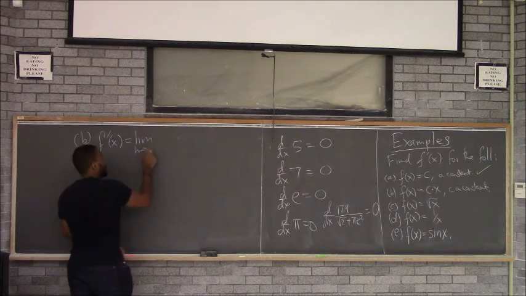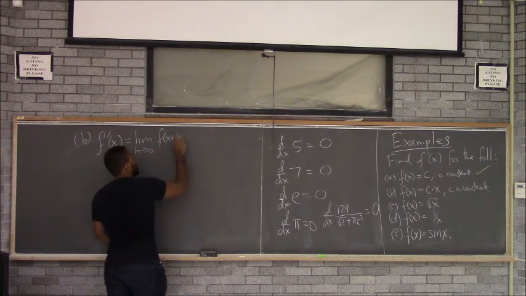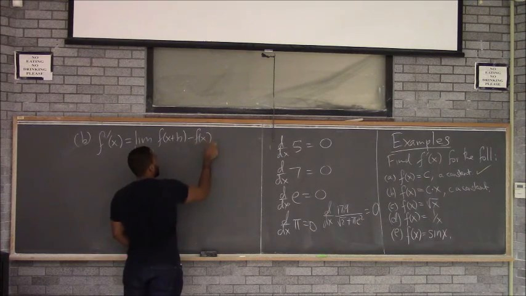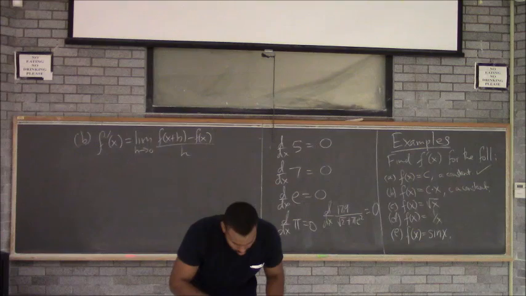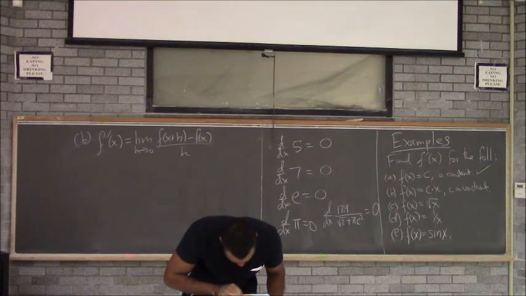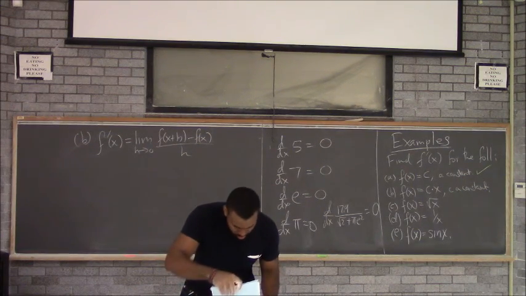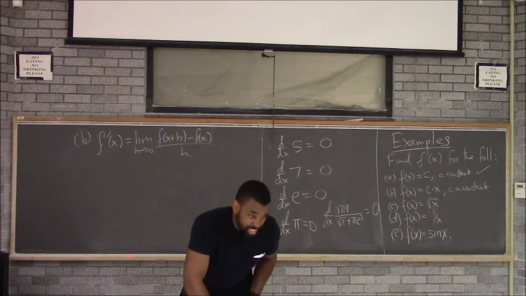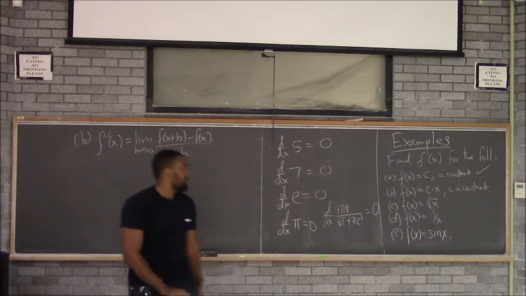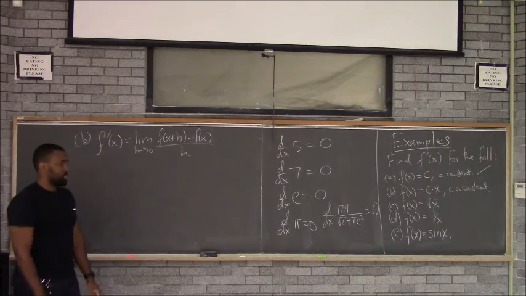Limit as h approaches 0, f of x plus h minus f of x all over h. Did I actually ask that on the quiz? Yes, I did. Okay, that's good. Because that's definitely something I intended to ask on the quiz. I wrote the quiz a long time ago. I forgot what I actually wrote on it.